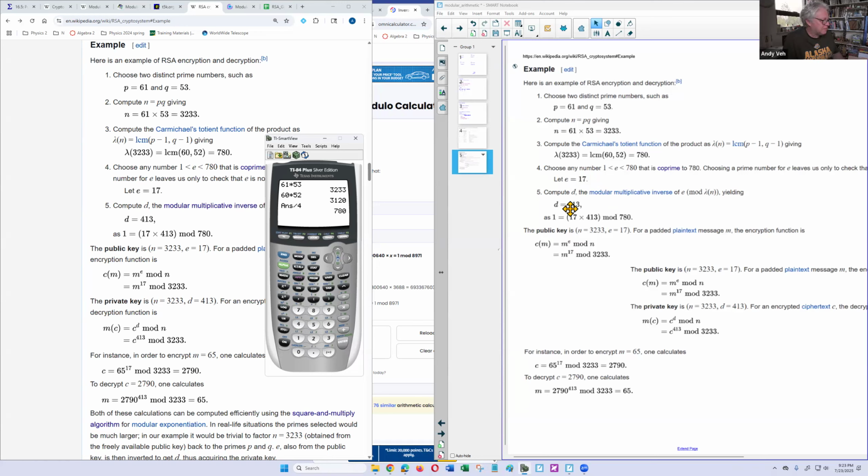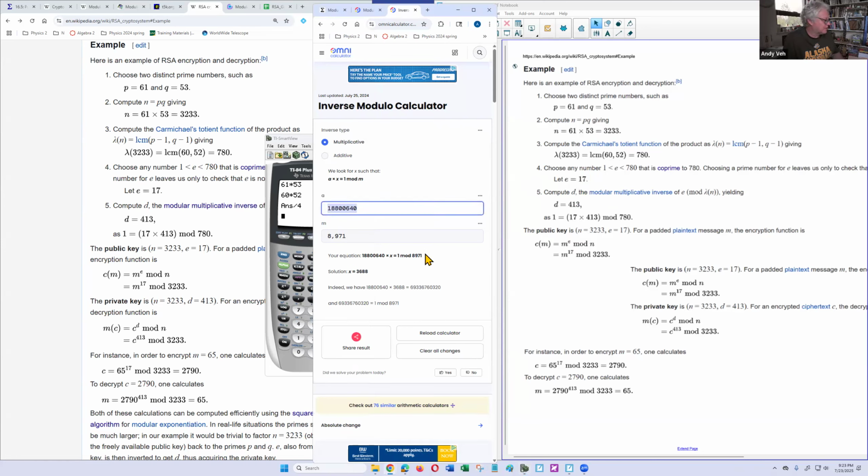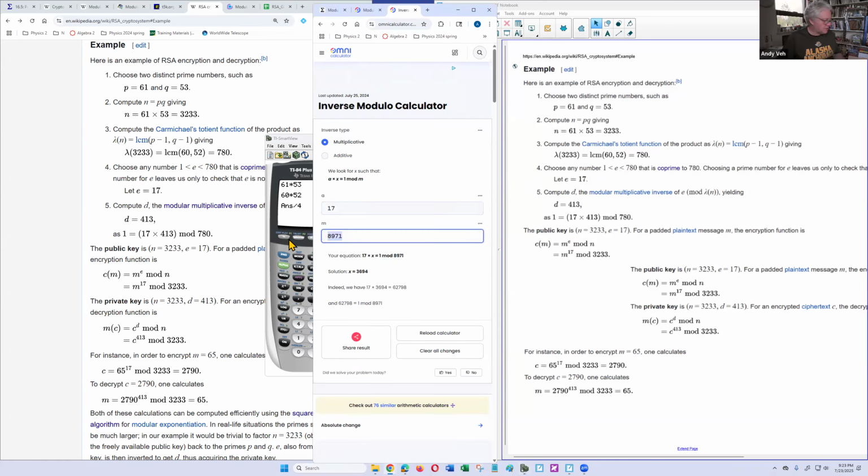And again, I have to find the modular inverse. So I'm going to plug that in here, 17 and 413. Let's go try 17 and 413. I always have to figure out which way to put, no, that's not true. 17 and 780. And there's the result, 413. So that's the modular inverse coming from this one here.